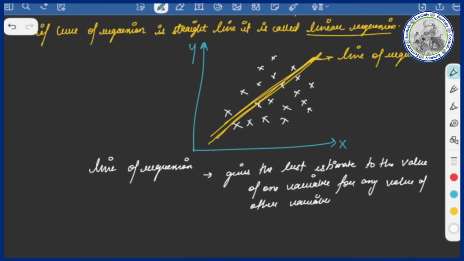For example, if you want to ask what the value of y is for a given x, by using this line you will know that for the specific value of x, the specific value of y is this.